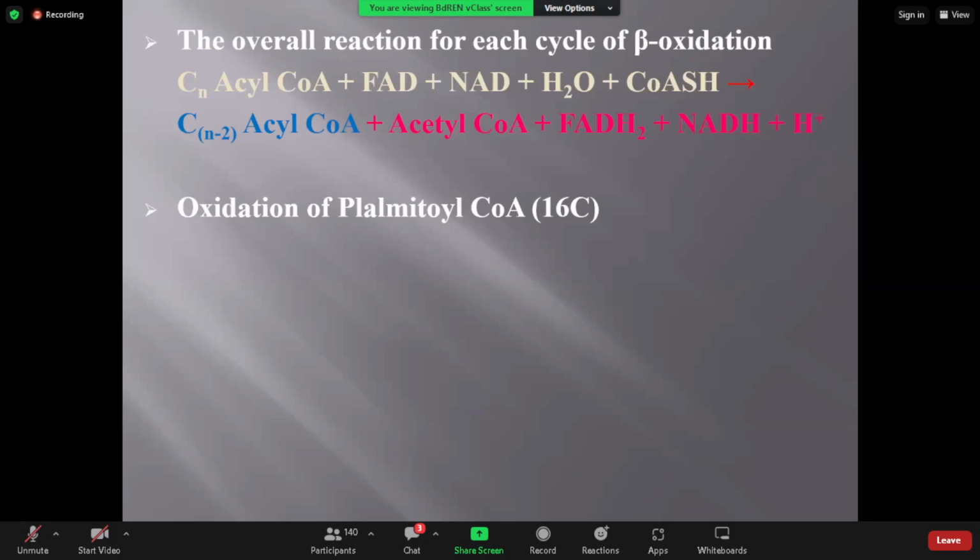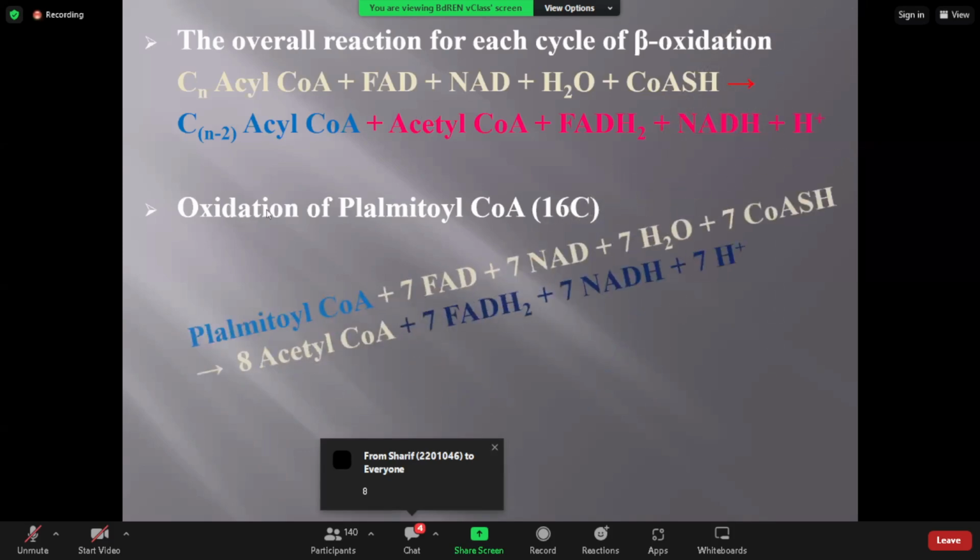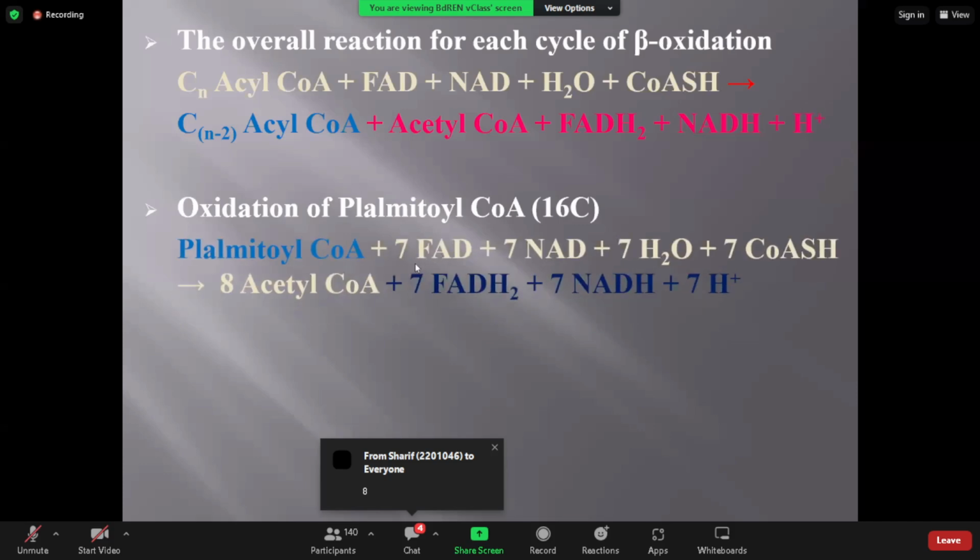No. After complete oxidation, it is 7. Yes, this is 7 FAD, 7 NAD, 7 water, 7 coenzyme A. To convert all of the carbon into 8 acetyl coenzyme A, it requires 7 FAD, 7 NAD, 7 water, and 7 coenzyme A, because 7 cycles occur.